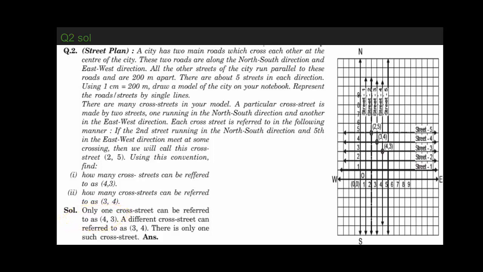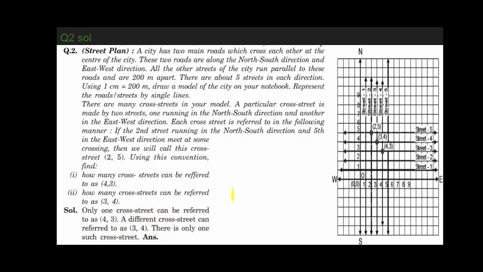Now if you take the other one which is 3 and 4. Street number 3 in the north-south direction and street number 4 in the east-west direction, they also meet at one point which is 3 and 4. So it will have only one cross street. So there will be only one cross street for 3 and 4.